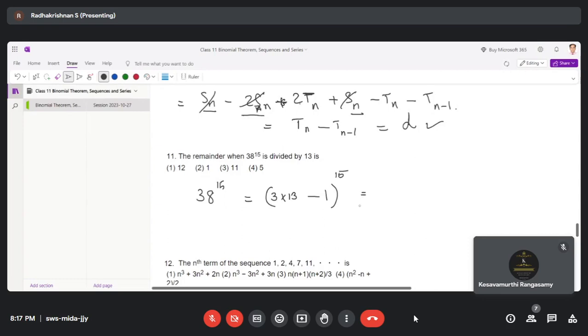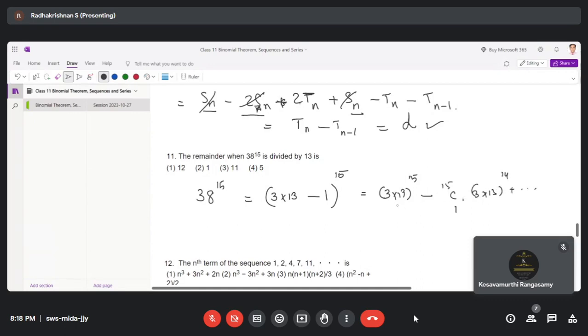You got the answer 12. Okay, very good. Because in this expansion, your terms are going to be 3 into 13 whole to the power of 15, minus 15C1 into 3 into 13 whole to the power of 14, and so on.